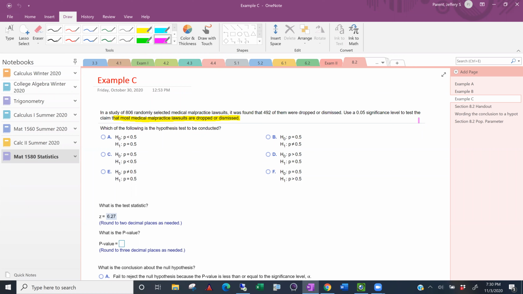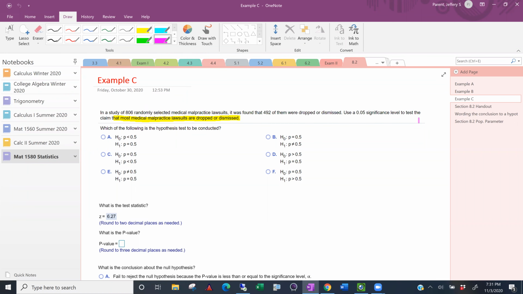Example C talks about a study of 806 randomly selected medical malpractice lawsuits. It was found that 492 of them were dropped or dismissed. Use a 5% significance level to test the claim that most medical malpractice lawsuits are dropped or dismissed.